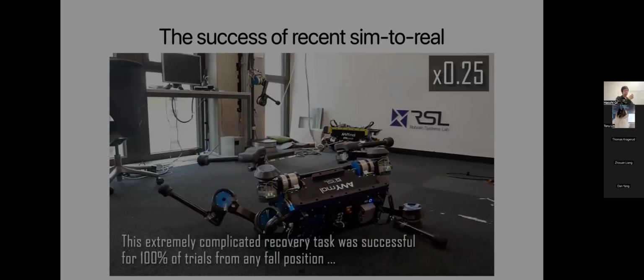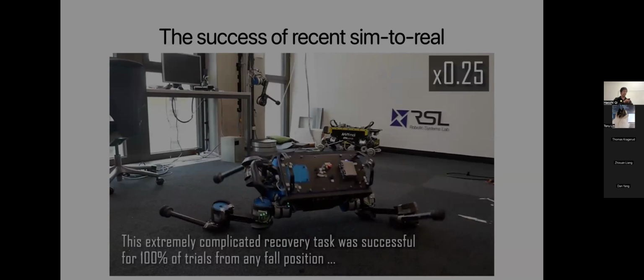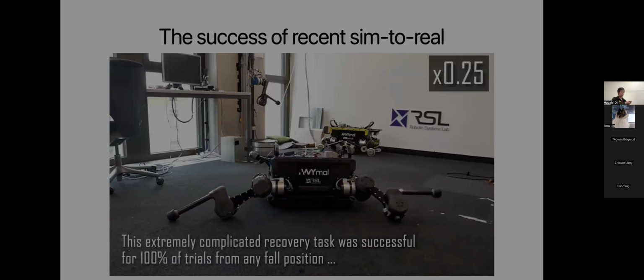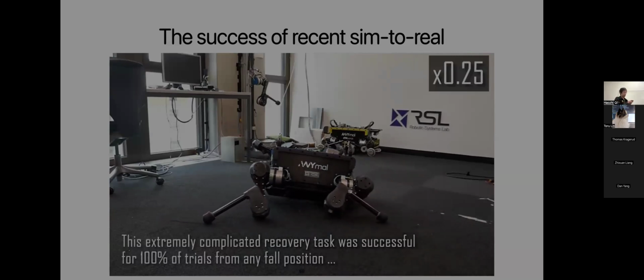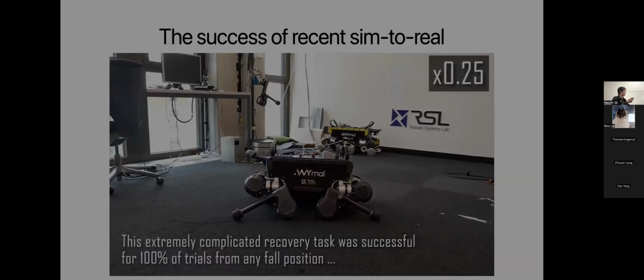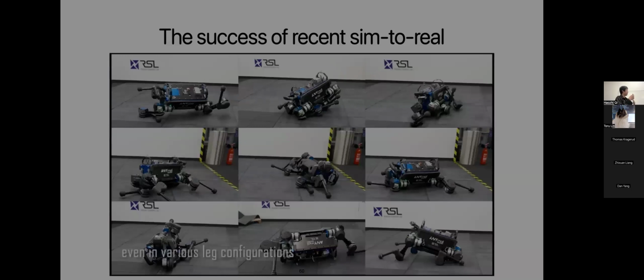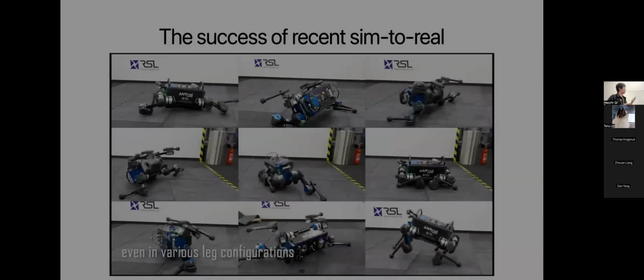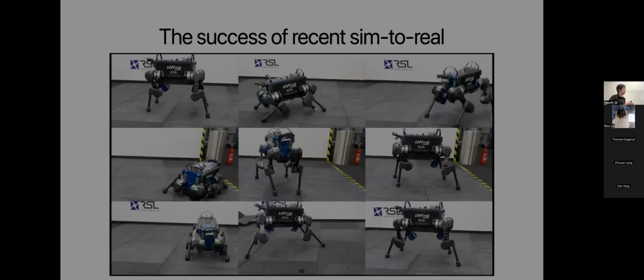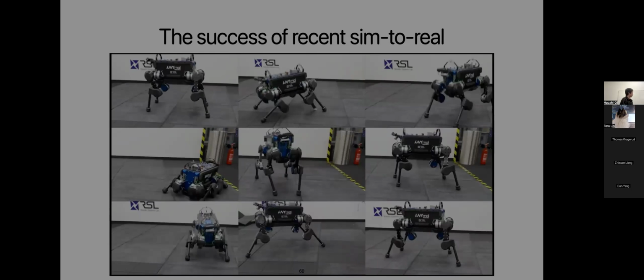And this is another work from ETH, where they are doing sim-to-real for learning these robot recovery behaviors. So you have these robots falling down on the ground from different configurations, and then they try to stand up. This is maybe from 2018 or 2019.